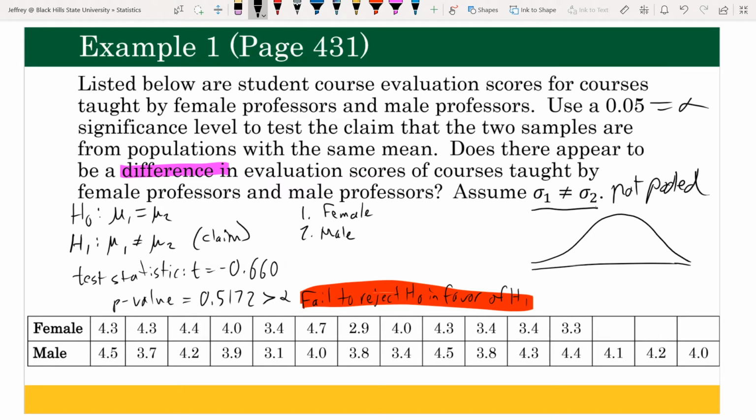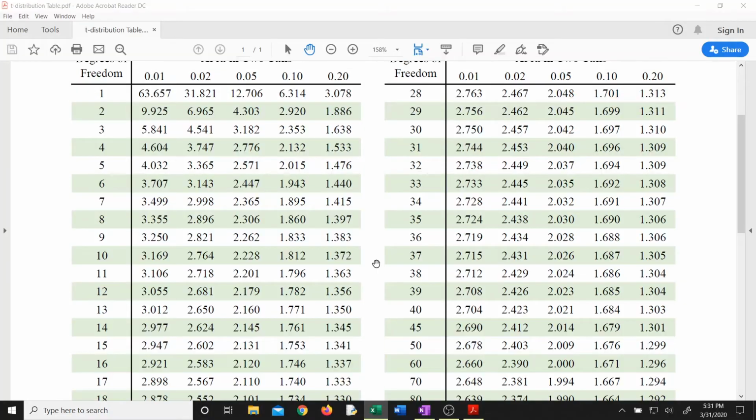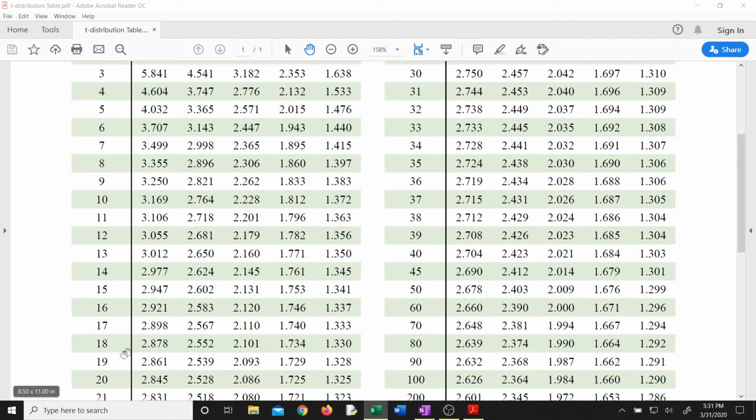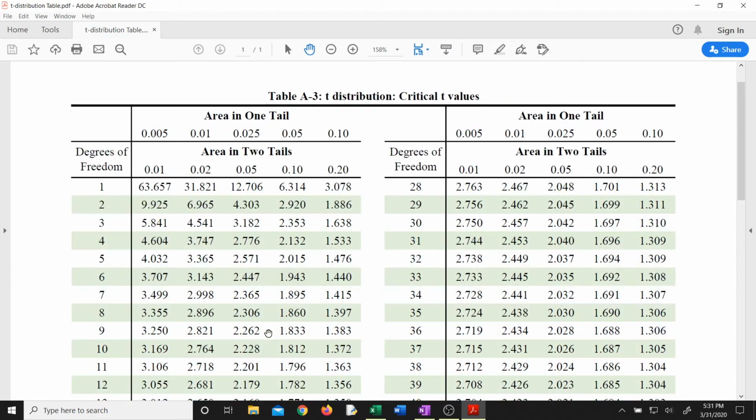When we do the critical value approach, notice that our degrees of freedom is 19.0634. So if we do this using the table, since our degrees of freedom is close to 19, we actually have two different critical values because our alternative hypothesis is a two-tailed test. Since our significance level was 0.05, that means our area in both tails is 0.05.